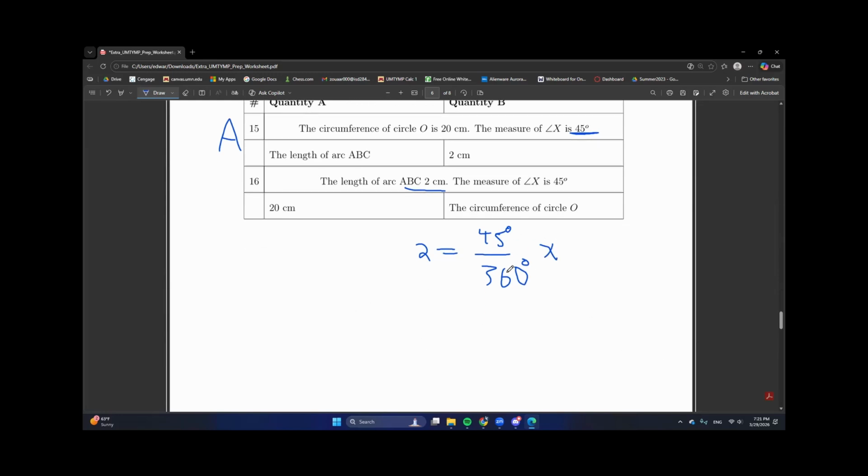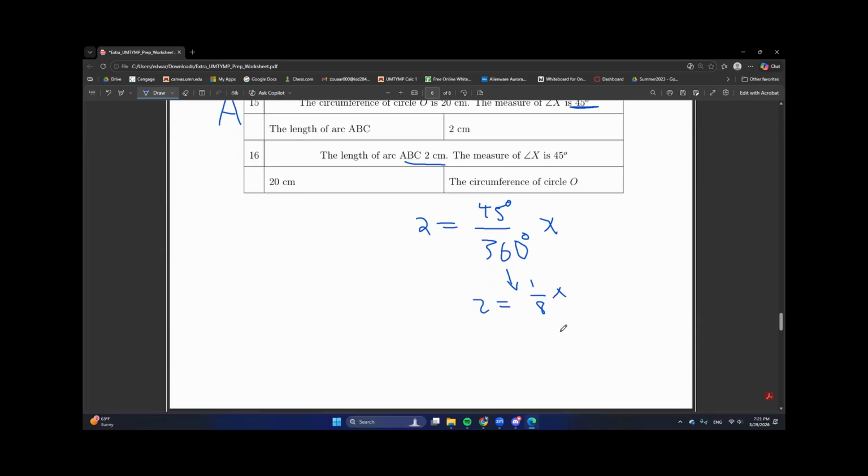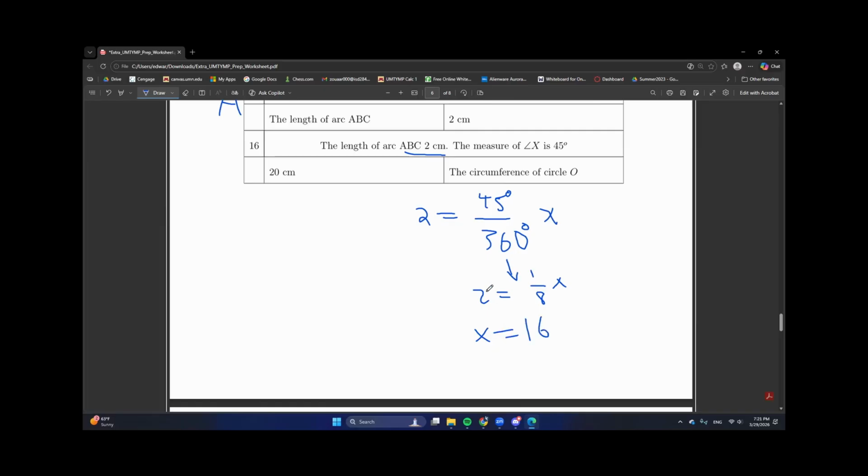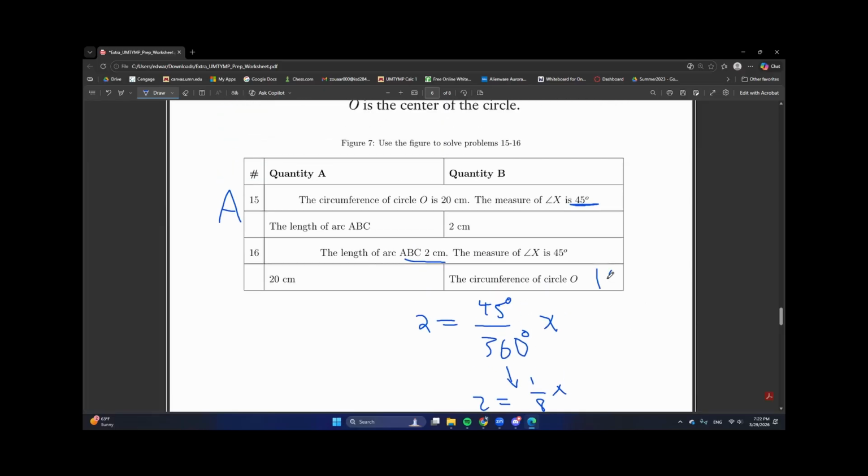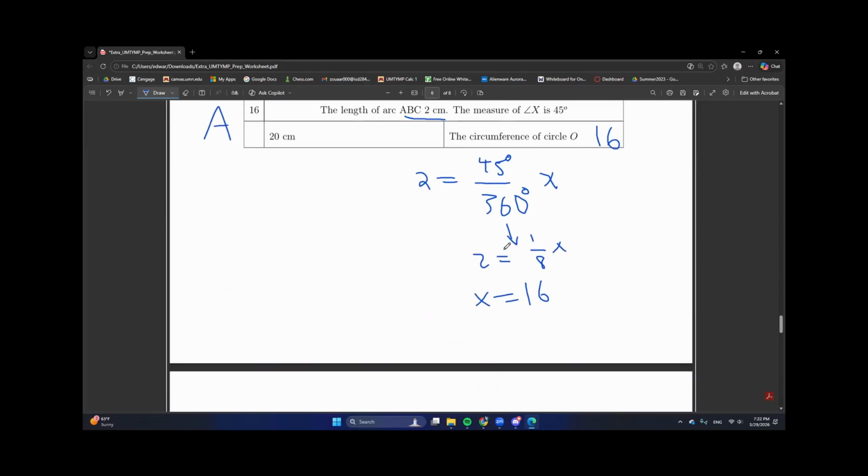So again, 45 over 360 is 1/8. So that means that x will be 16. So for 16, the answer is A. So I hope that didn't trick too many people.